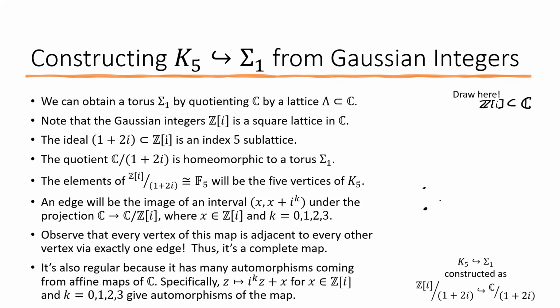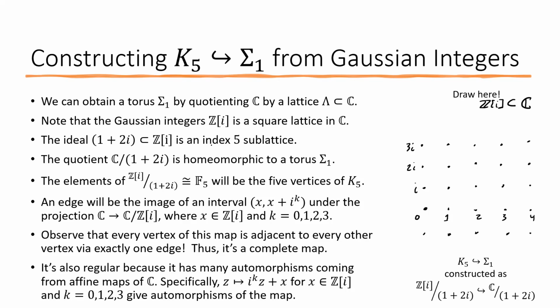I have 0, i, 1, 1 plus i, 2i, and a bunch of points in this lattice. So this is my Gaussian integer lattice. Here's 0, this is 1, this is 2, 3, 4. This is i, 2i, and 3i.